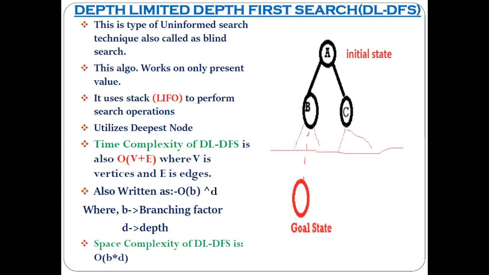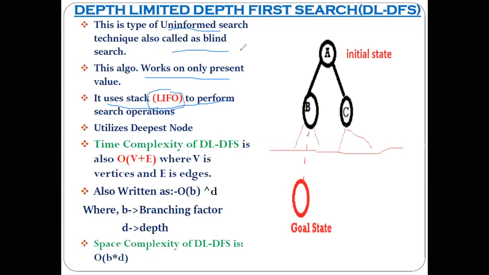Now here, as all these come under the category of uninformed search, which we also refer to as blind search, it works only on the basis of initial values or the present value. It also utilizes the stack. As you can see, DFS is in the name itself.